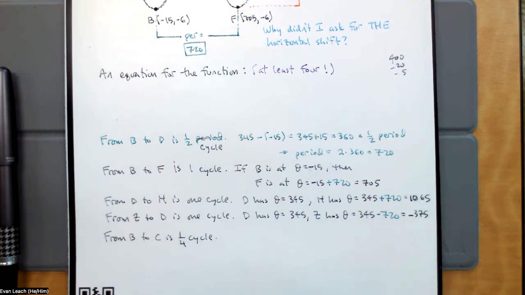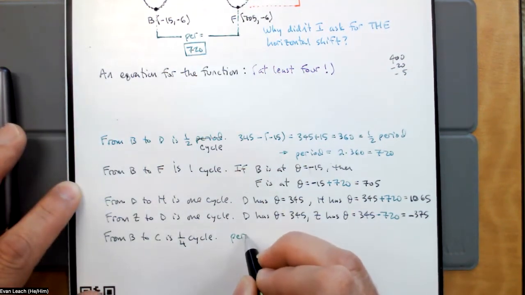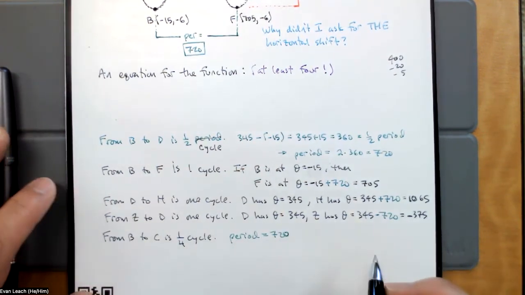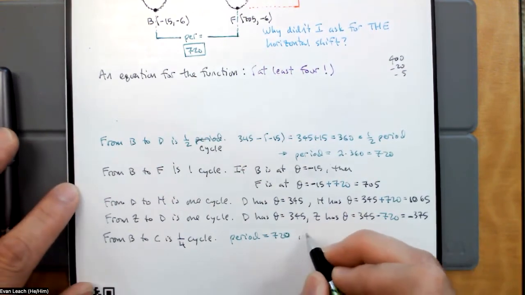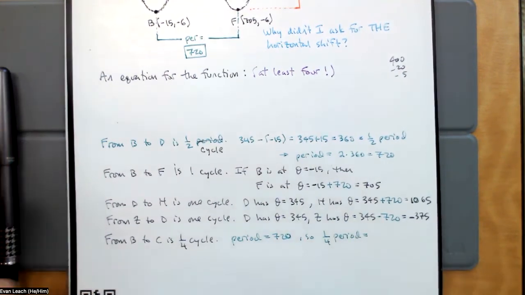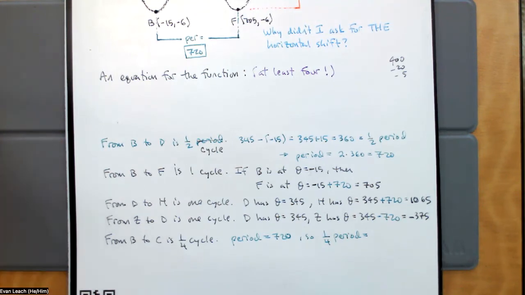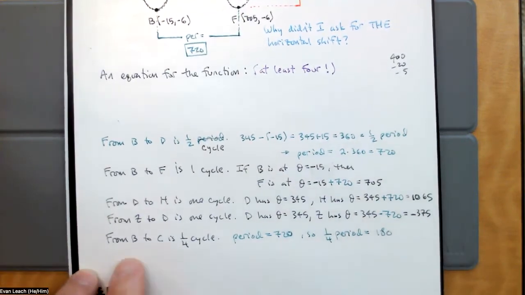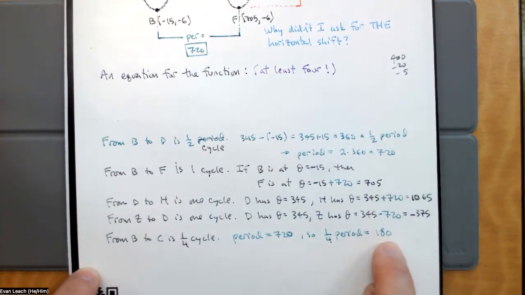So if the period is 720, how far is it horizontally from B to C? So how much is a quarter of a period? Well, this started with half of a period at 360. What's half of 360? 180. If you need to divide by 4, just divide by 2 twice. So if B to C is a quarter of a cycle, a quarter of a period is 180.